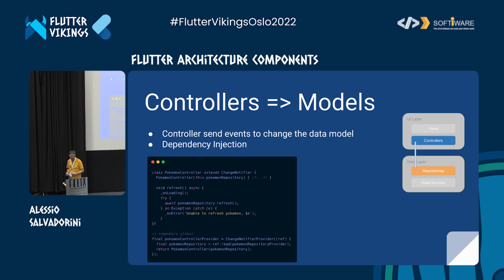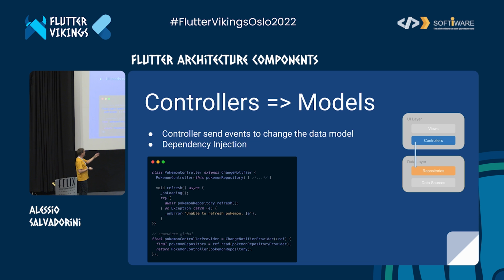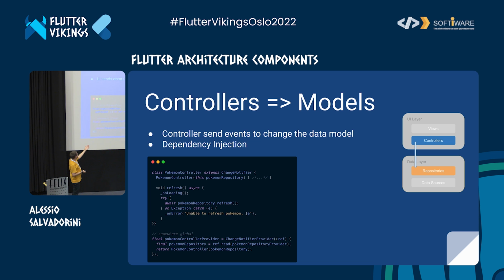And this happens through provider, so through Riverpod. Because my controller is a change notifier, there is this class called change notifier provider that will expose the change notifier, which is my controller, to the UI. And the UI needs only to have this ref and then be able to read it, because these are UI actions. So you don't want to rebuild your UI. You want only to have this read action.